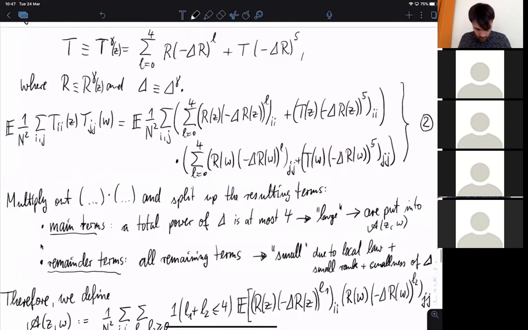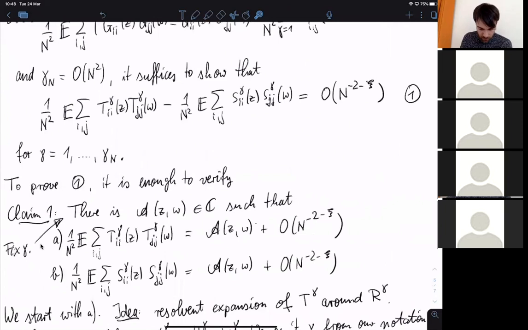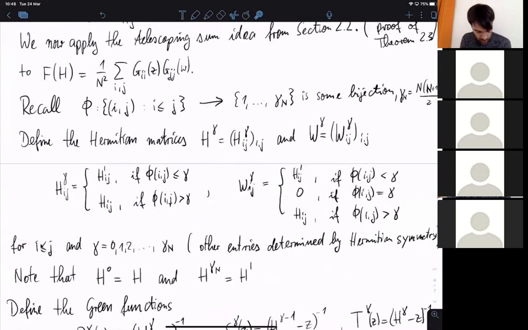So let's go back to the definition of delta. Delta here was defined as the difference between H gamma and W gamma. And now if you go back to the definition of those two, then there was only a difference when phi ij was equal to gamma, because then the W was 0 and the H had the H ij prime entry.